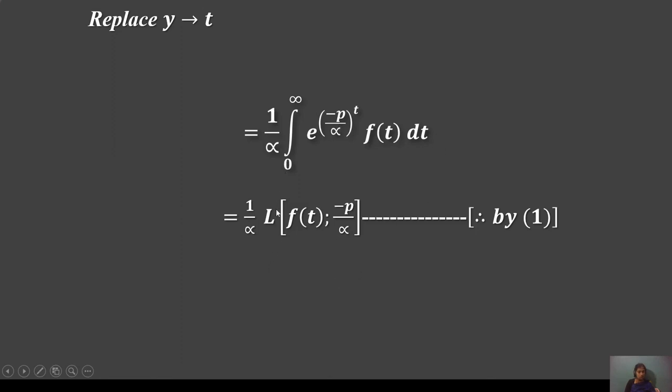This means 1 by alpha times the Laplace of f of t, which is 1 by alpha F of p by alpha, by using the formula.